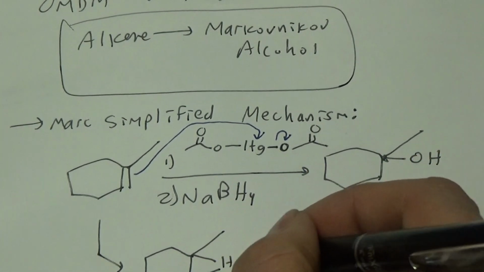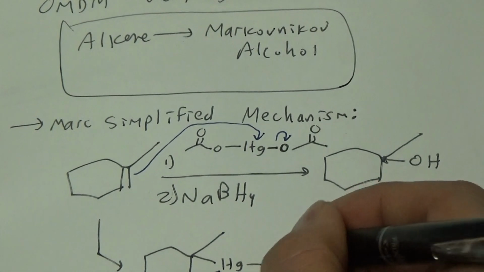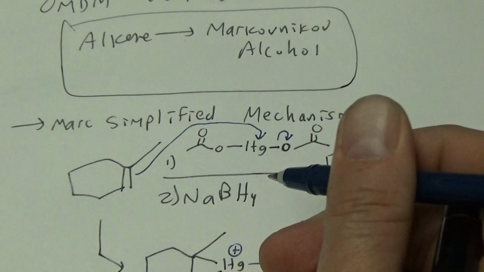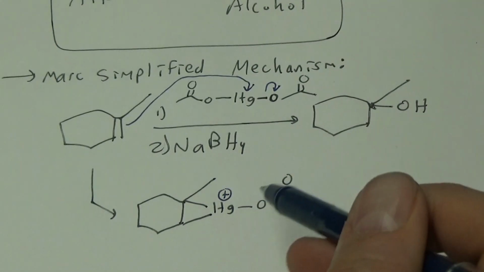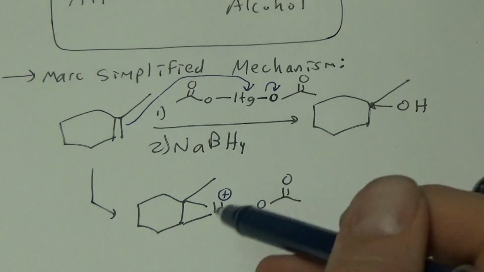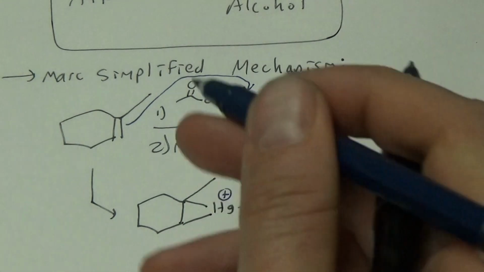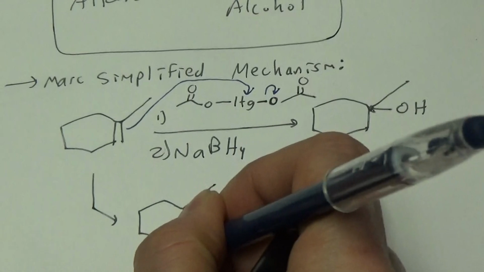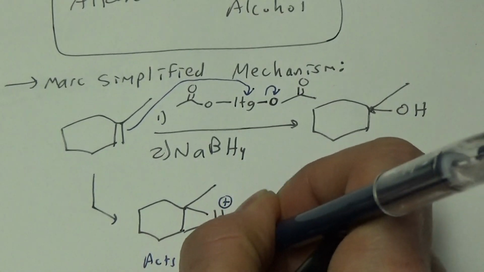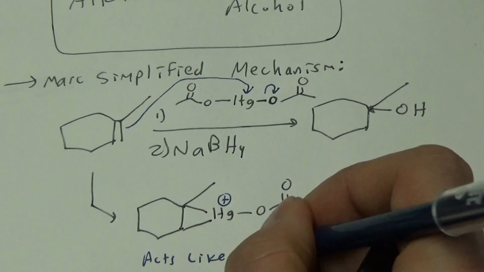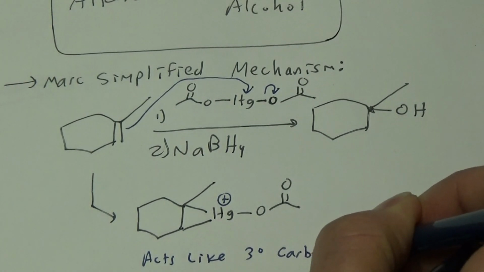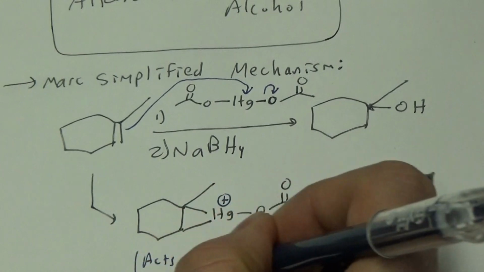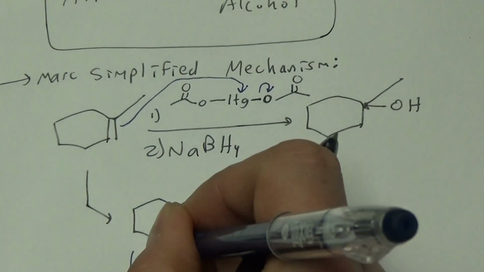Remember bromonium? The bromine thing? And we have a charge on mercury. Alright, and if this is a bromonium, it kind of acts like something. What did it act like? Just like a bromonium, it acts like a tertiary carbocation.